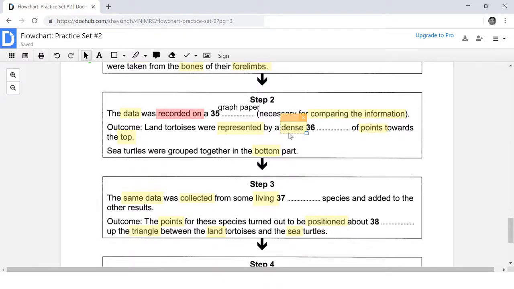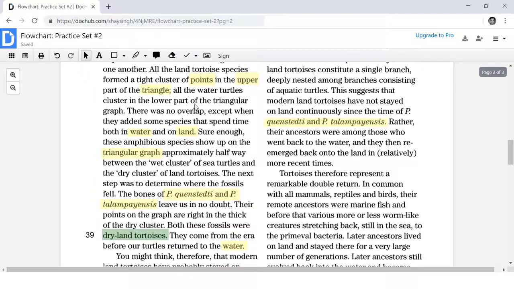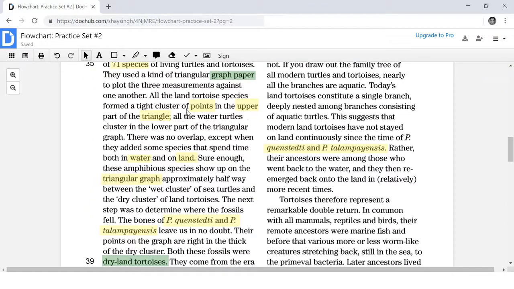Here, dense is synonym language for tight. Okay, packed together, really concentrated. Those are all synonym words for dense. So a dense what of points? A dense cluster of points. Cluster is the correct answer. So here is the answer, a tight or a dense cluster of points.